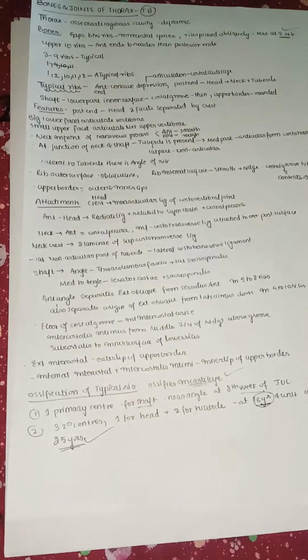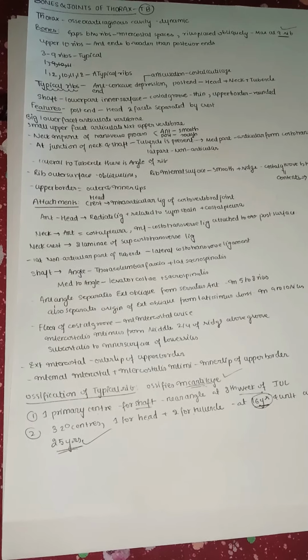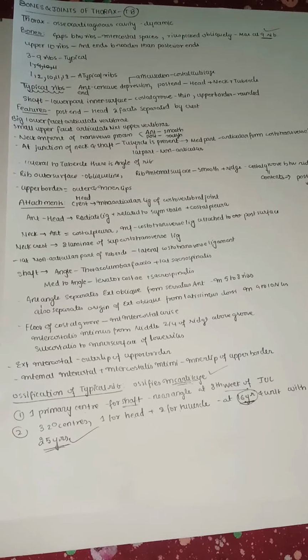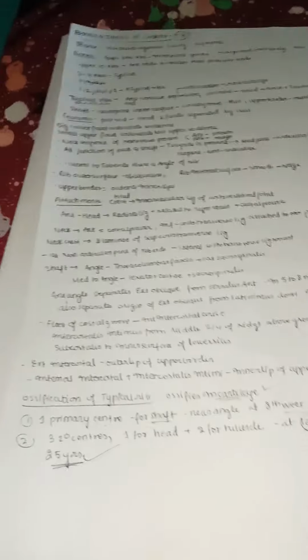So this is all about our typical rib. Next we'll see about atypical ribs, especially the first rib, second rib, 10th, 11th and 12th ribs, and like that the order goes.